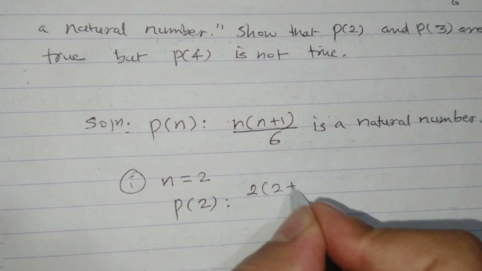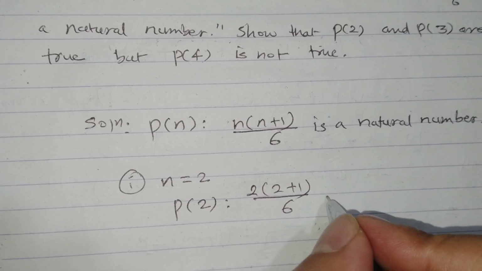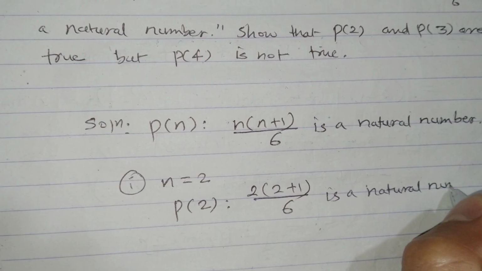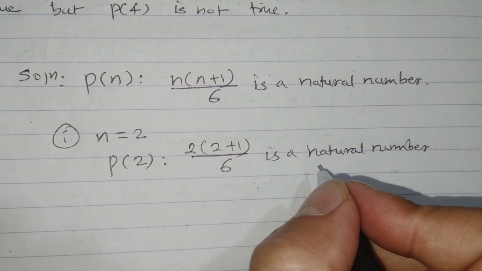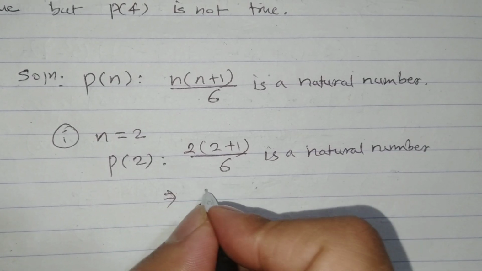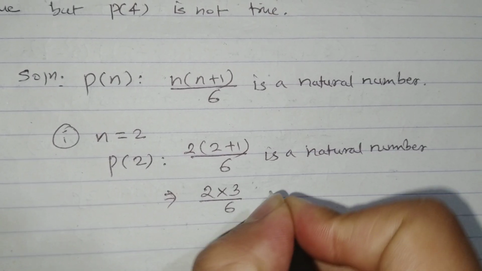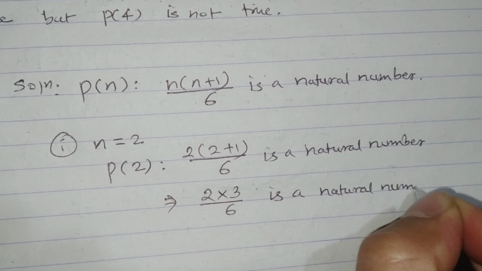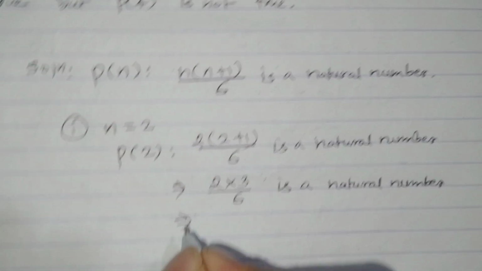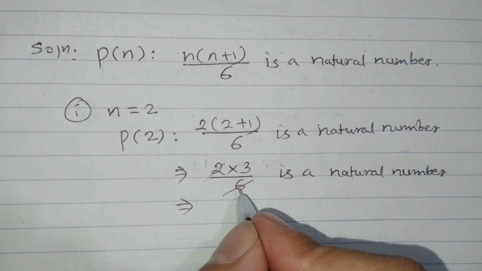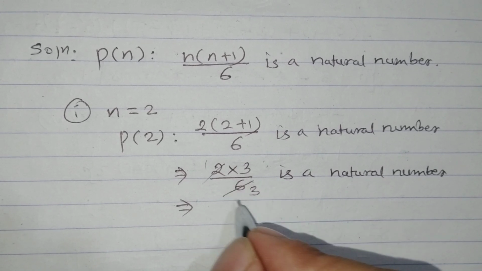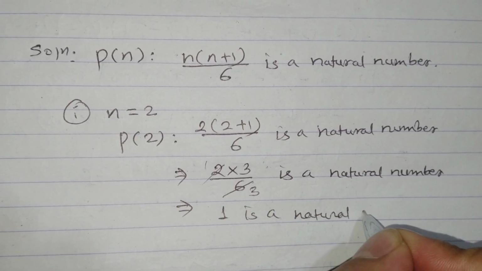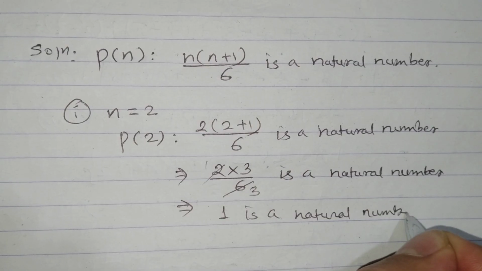So P2 is 2 times 2 plus 1 by 6 is a natural number. So we check this. So it is 2 times 3 by 6 is a natural number. Again this is 3 ones are 3, 2 ones are 2, 2 threes are 6. So 6 by 6 is 1. 1 is a natural number.